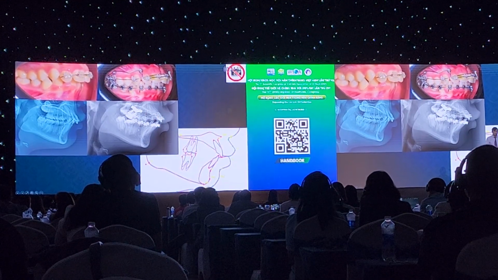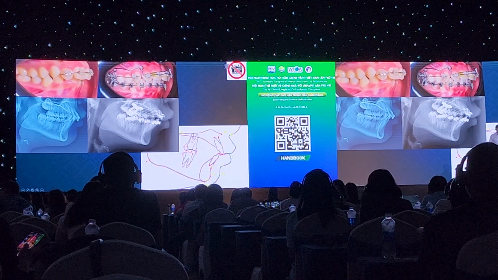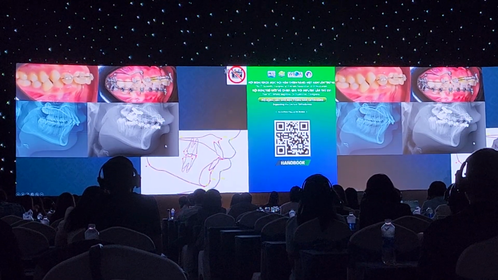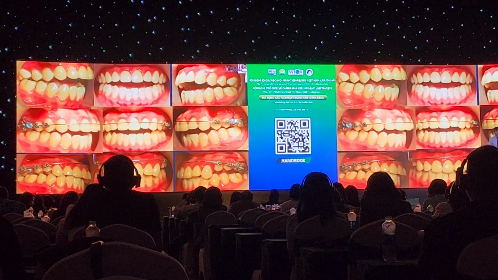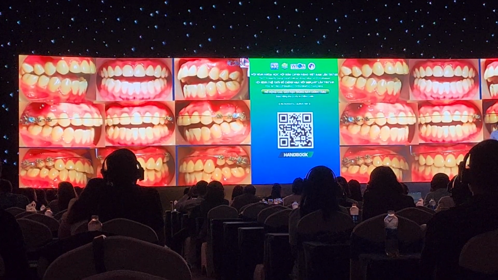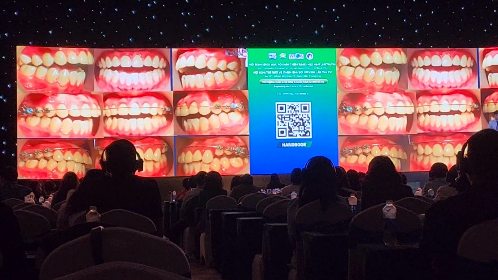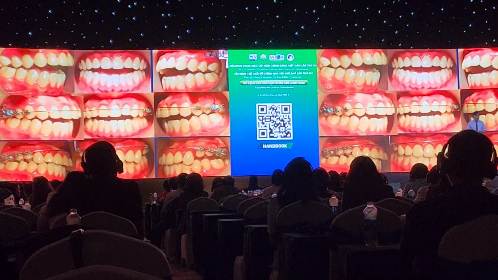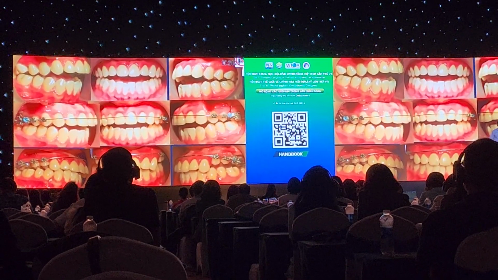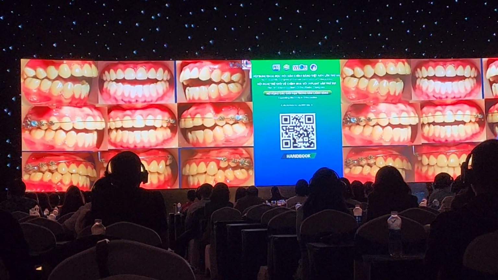To extrude the molar, the lower molar, is very easy. Sometimes you can extrude the molar with a very easy technique. For the upper molar, you see the same. I extrude only. I do not brace the front teeth, to show you how we can intrude the molar. It's not difficult.